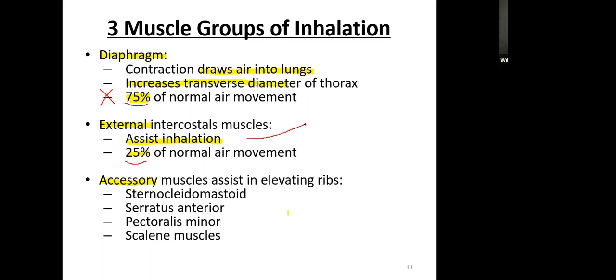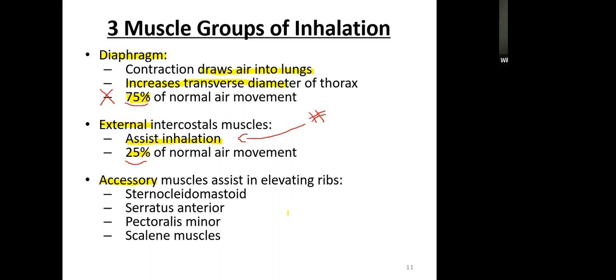So this really links to this, because when we have cases like that, where we have multiple rib fractures, overriding ribs, and complications like that, this 25% of normal air movement is affected.